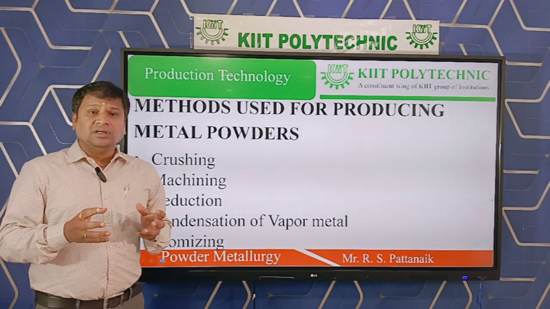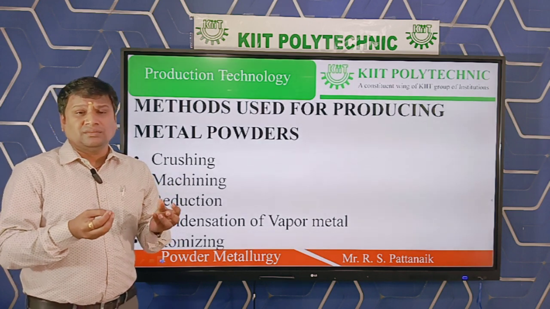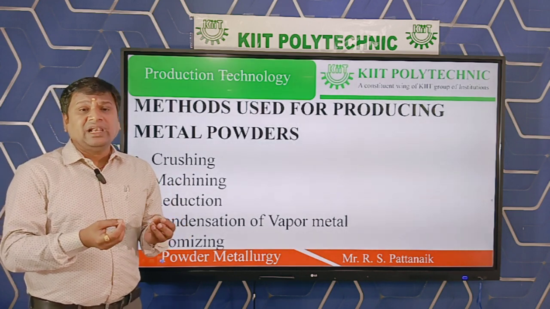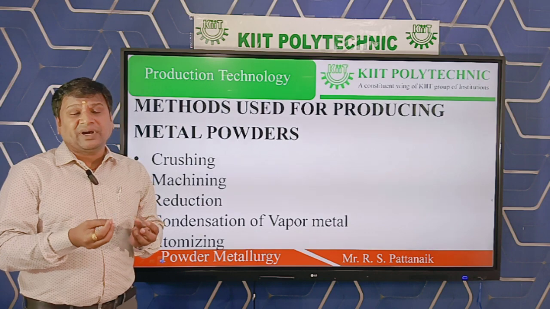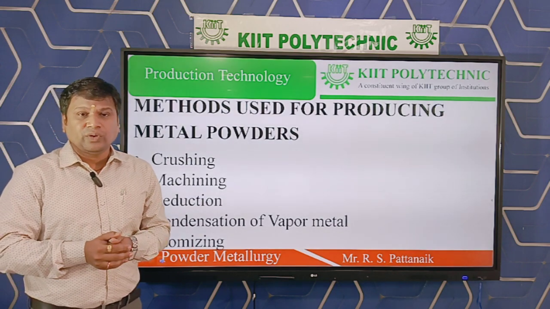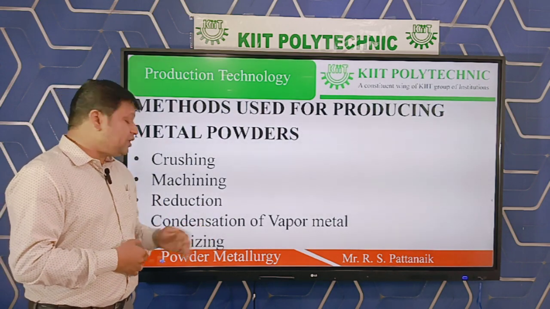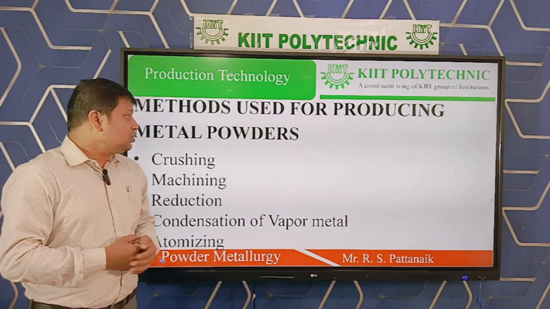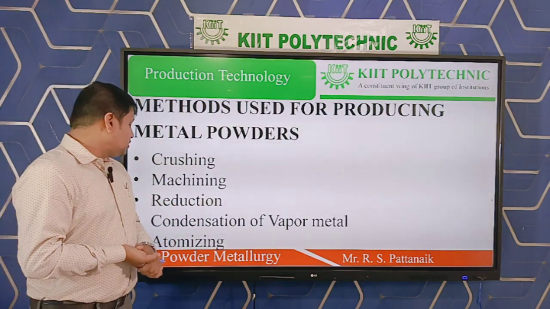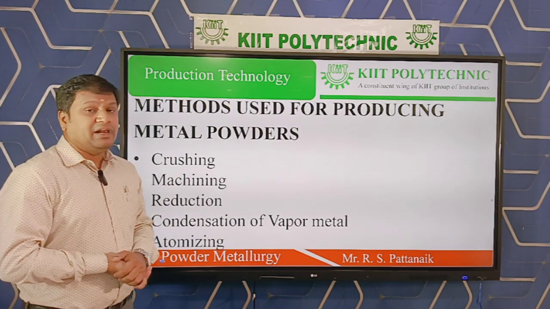After the cooling, the tiny metal particles are collected. Okay, so this process is known as atomizing. So these are the different methods for producing metal powders.